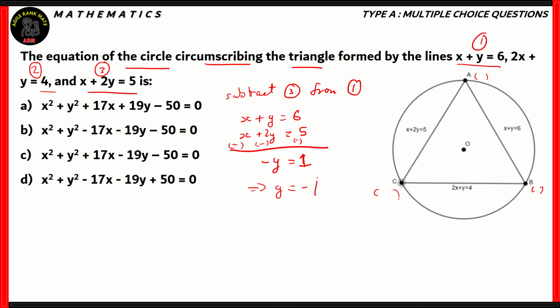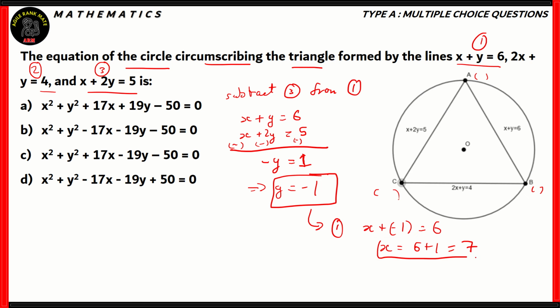So we apply this to equation 1, which means x plus minus 1 equals 6. X equals 6 plus 1 equals 7. So the coordinates of the point A are 7.